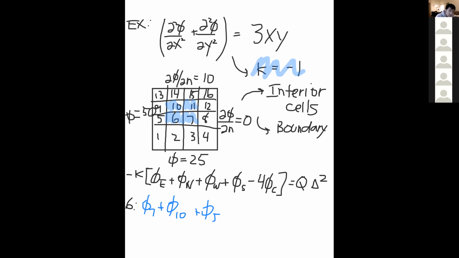Excuse me, Professor. How do you know k was equal to -1? Was that given in the problem, or did we have to figure that out? In the problem, this equation right here is always going to be given to you, or I would give it to you in the homework. Whenever you do a problem, you always start with some equation that is given to you.